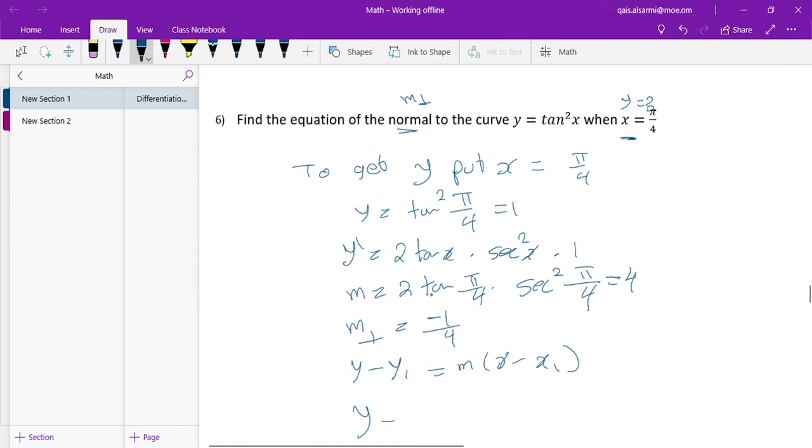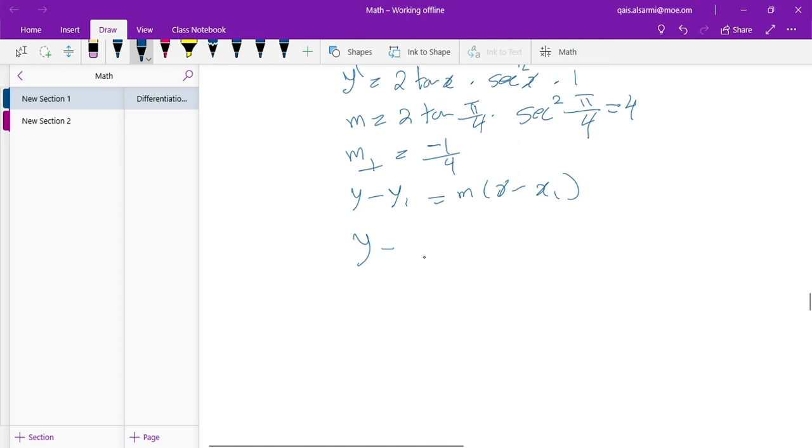So y minus 1 equals m perpendicular, which is negative 1 over 4, times x minus pi over 4. I prefer to make y the subject of the formula. So it is negative 1 over 4 x, positive pi over 16, and this negative 1 becomes positive 1. You may multiply by 16 or leave it like this.